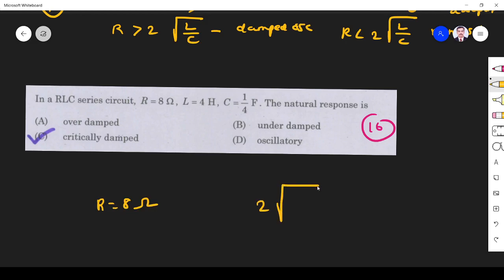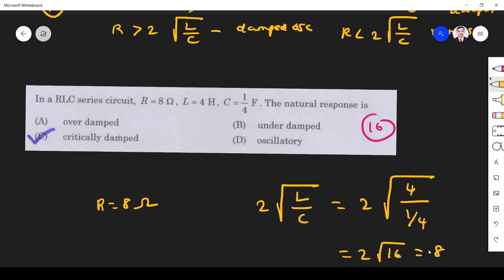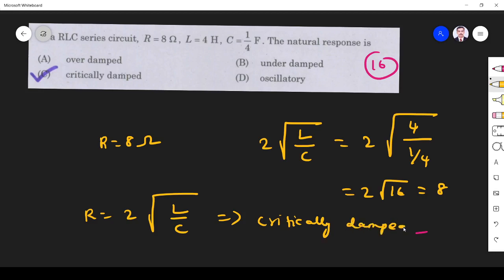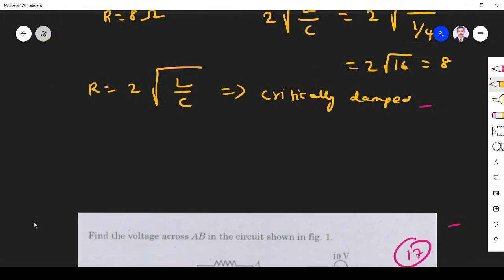So 2 into root of 4 divided by 1 by 4, which is root 16, it is 8. So R is equal to 2 root of L by C, so it is a critically damped system.